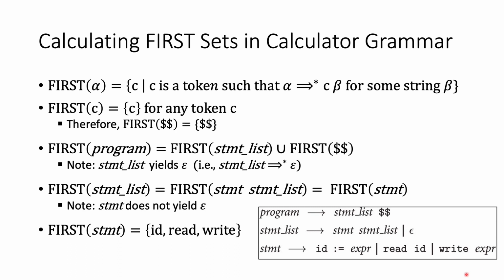So the set of first empty consists of 3 tokens: ID, read, and write. So we put this result back into the formula for the first of program. So we have the first of program consists of ID, read, write, and the N marker.